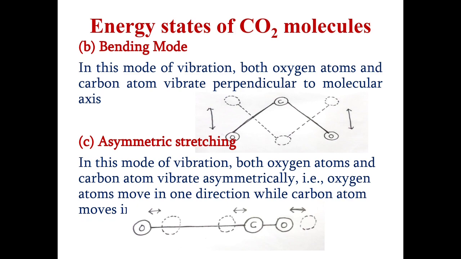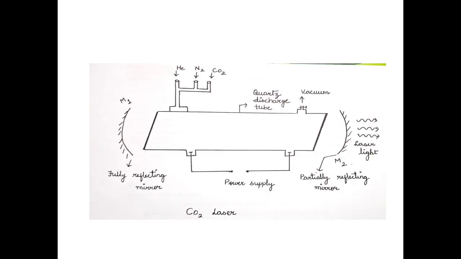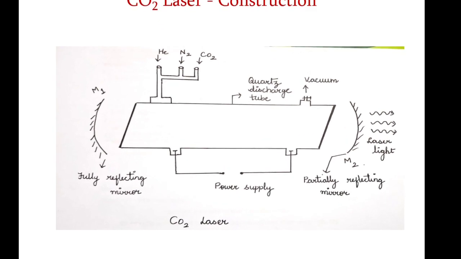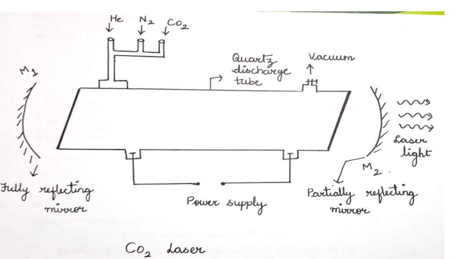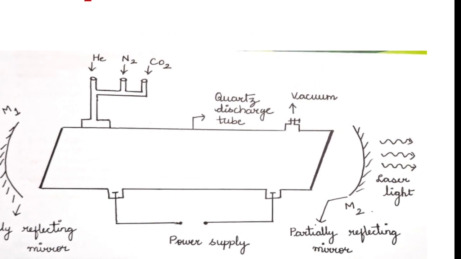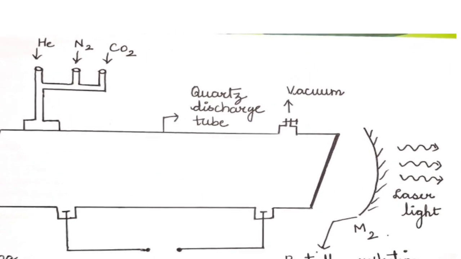In this, both oxygen and the carbon atom vibrate asymmetrically. The carbon will move in one direction, and the oxygens sitting at the corners will be vibrating in the other direction. There will be no symmetric stretching here, so we call it an asymmetric stretching mode.